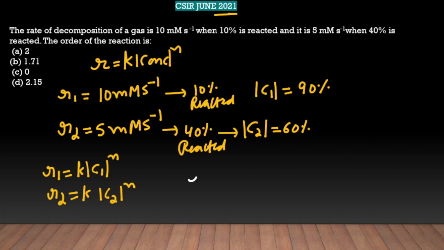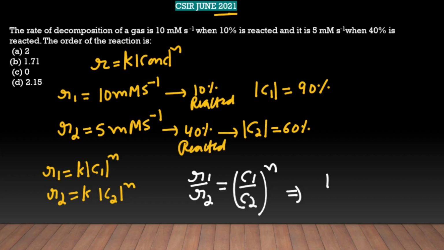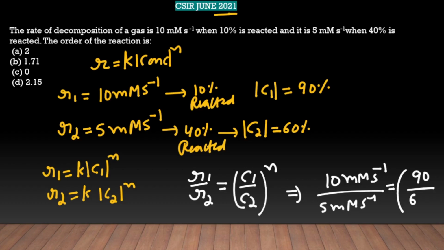So the ratio of these two, R1 by R2, will be equal to C1 by C2 raised to the power of n. This implies R1, which is 10 millimolar per second, upon 5 millimolar per second is equal to C1, that is 90%, upon 60% raised to the power of n.